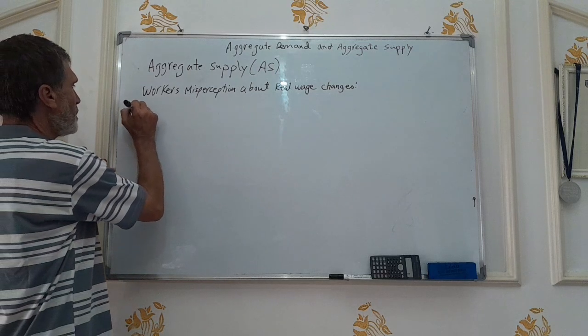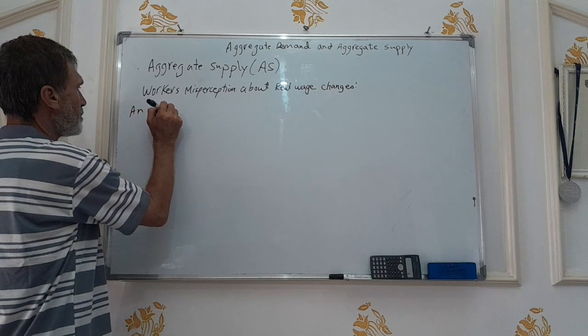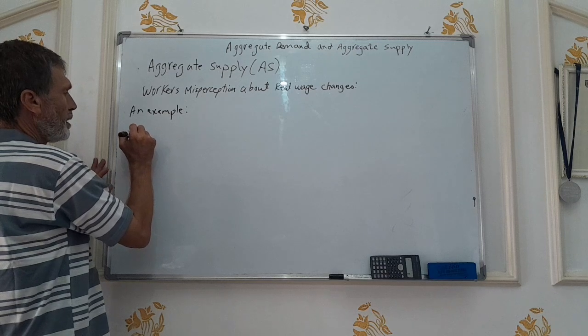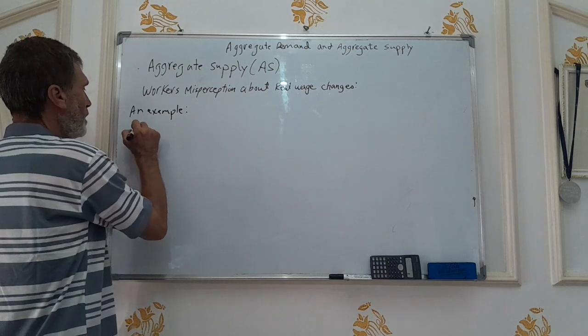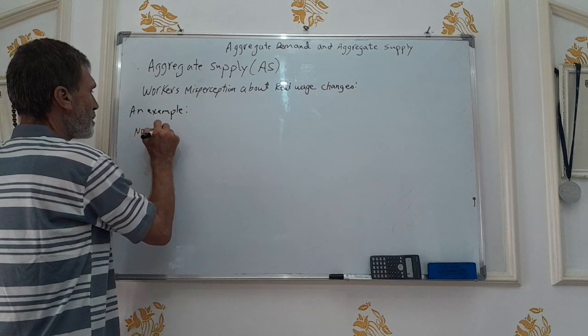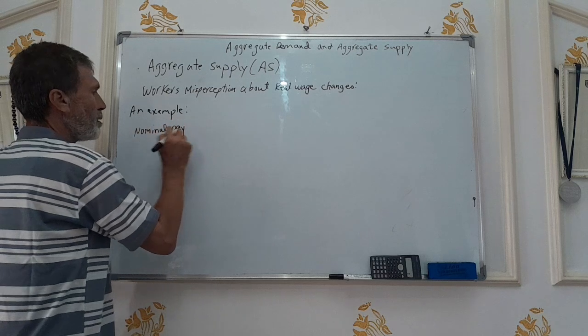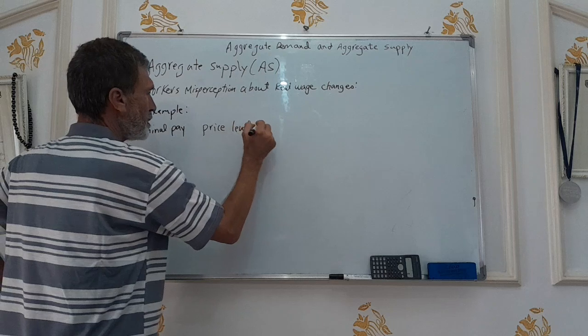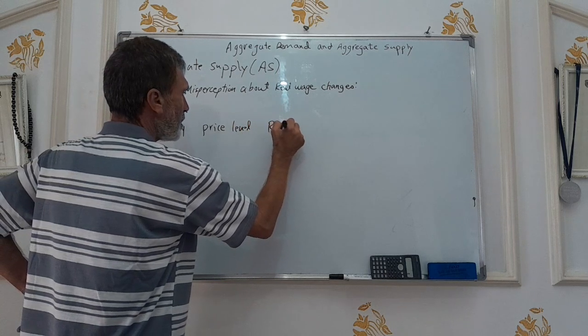Okay, example. We have here nominal pay. We have a price level, and we have real pay.